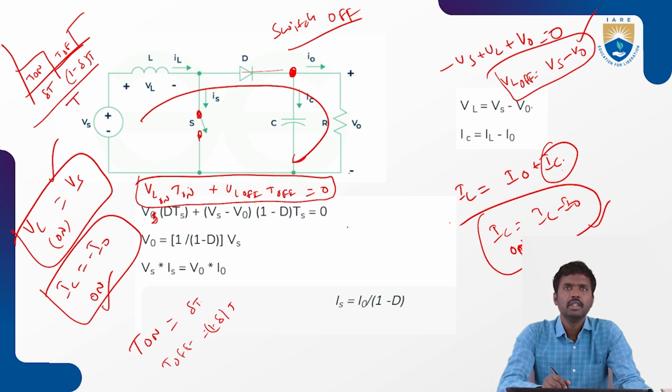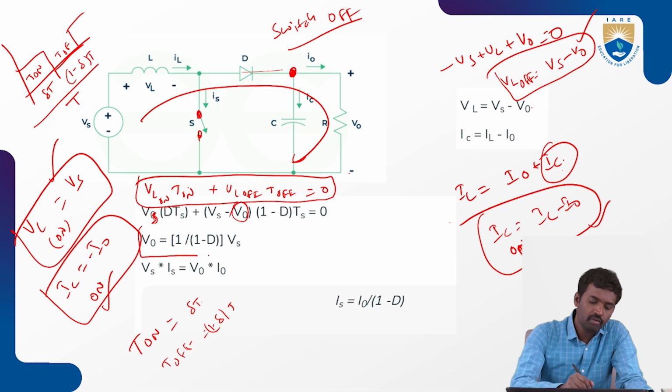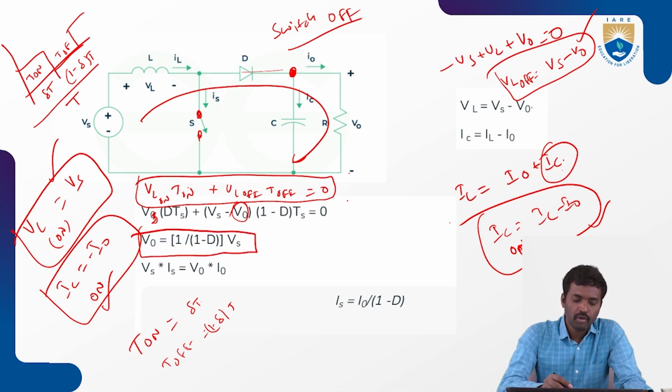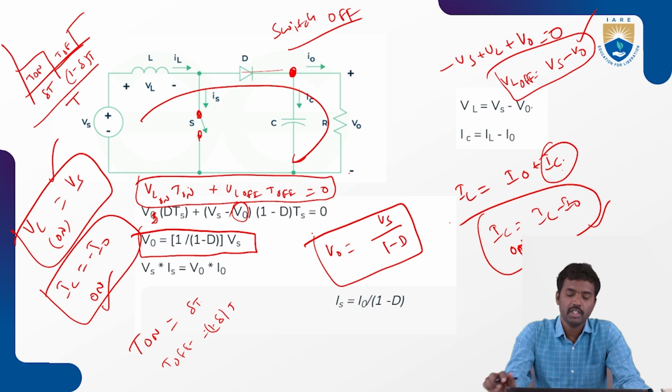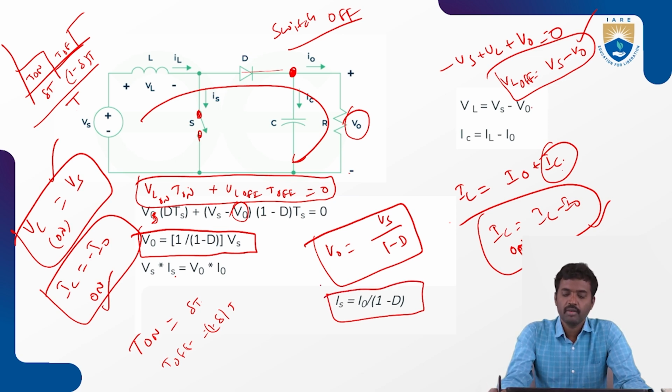So here we can derive this: V naught equals Vs into 1 by 1 minus D. So this is the final expression for the output voltage. Now Vs into Is equals V naught into I naught, so Is equals I naught by 1 minus D.